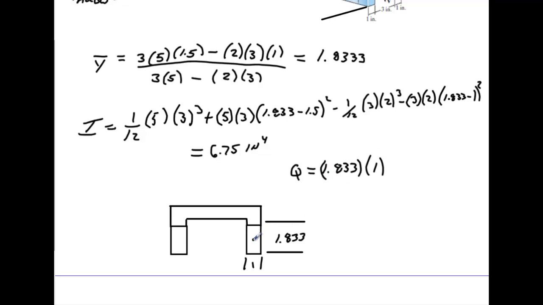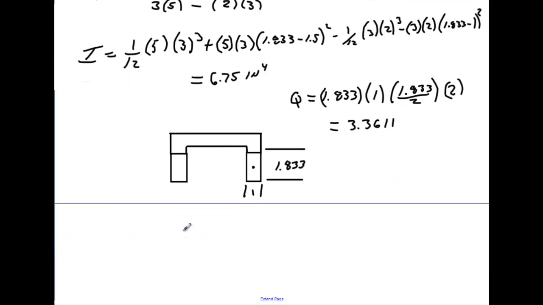Now the distance from its centroid back to here will be half this, so we'll divide it by 2. And that would be Q for this piece. We got 2 of these pieces, so just multiply this by 2. So what we really get is 1.833 squared. When we do that, that gives a value of 3.3611 or something like that.